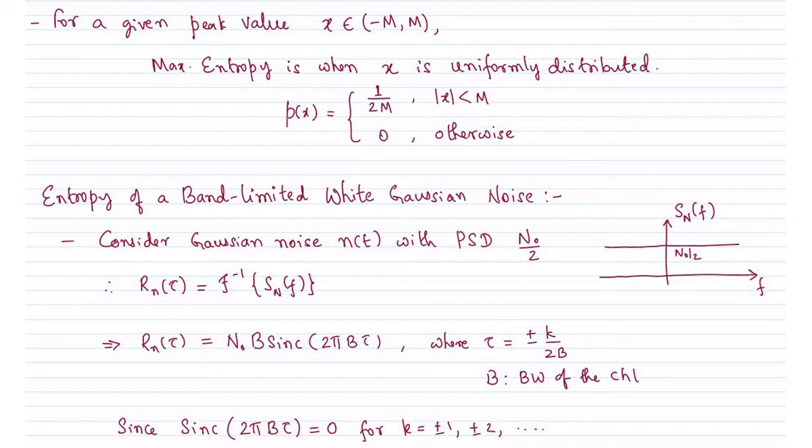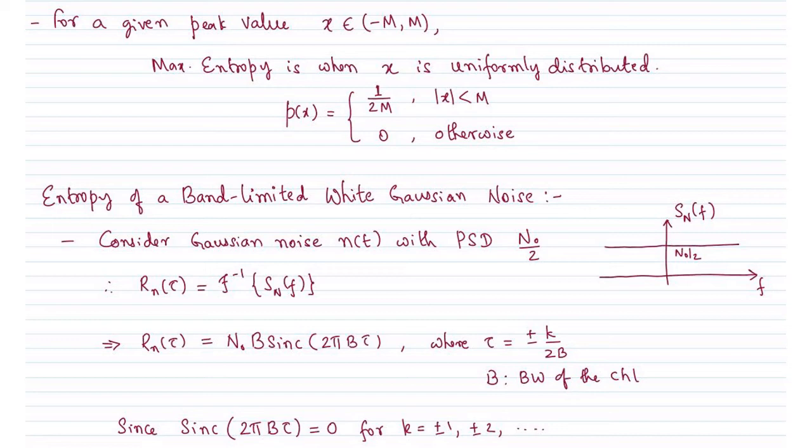Here p of x, the probability density function for a uniform distribution, is 1 over b minus a, which is 1 over 2m when x is less than m, and 0 otherwise. This can also be proved very similarly to the case for a given mean square value.